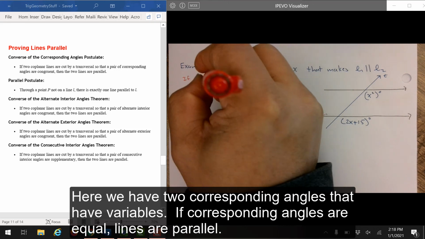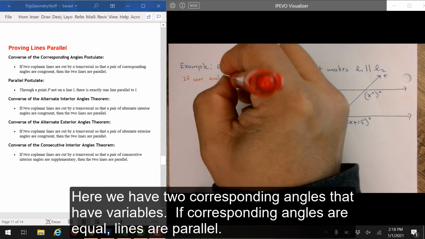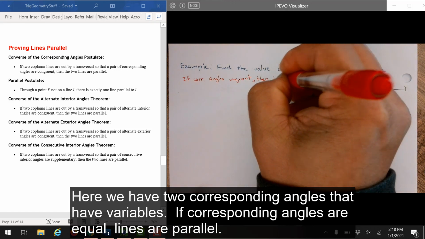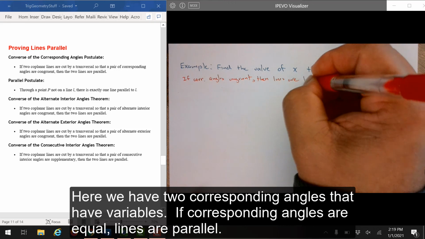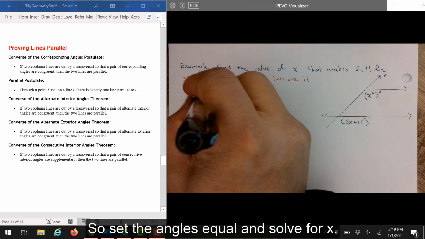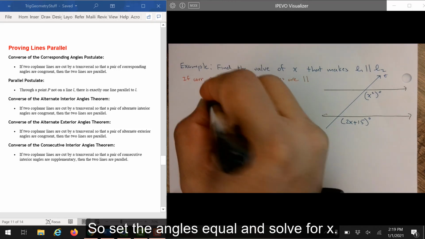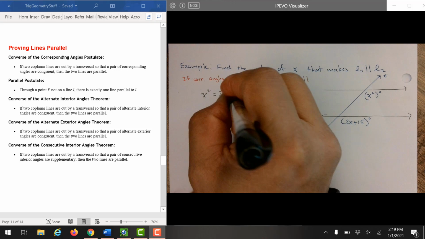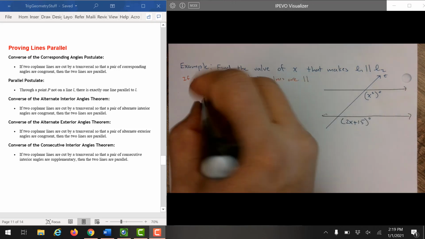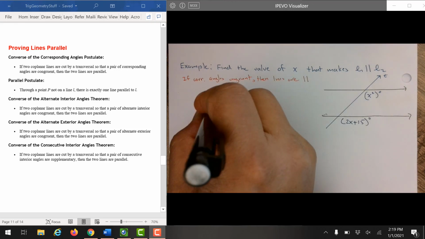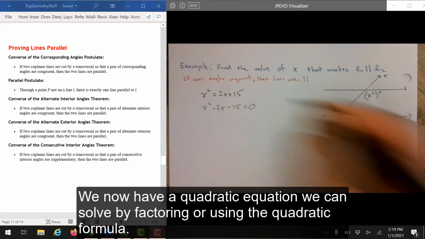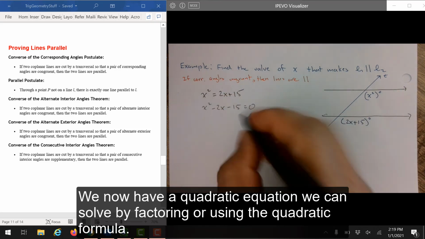Here we have two corresponding angles that have variables. If corresponding angles are equal, lines are parallel. So set the angles equal and solve for x. We now have a quadratic equation which we can solve by factoring or using the quadratic formula.